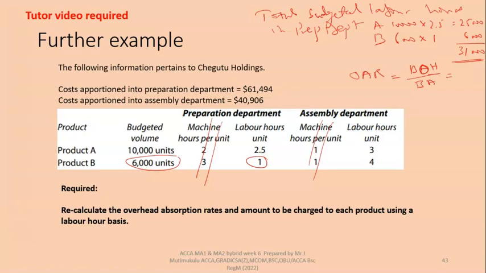So budgeted overhead for the preparation department was 61,494 divided by 31,000, the budgeted activity. This is the budgeted activity, the 31,000. So you can see that the overhead absorption rate was $98.